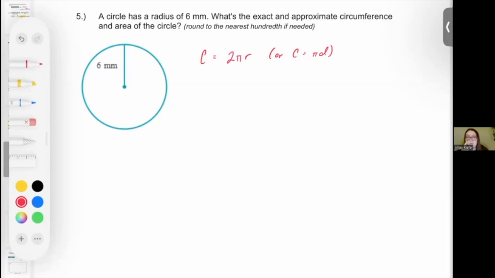One important thing to remember, though, is that 2 times the radius equals the diameter, which also means diameter over 2 equals the radius. Good things to remember. So our circumference of our circle should be 2 pi r, 2 pi times radius, and our area is equal to pi r squared.